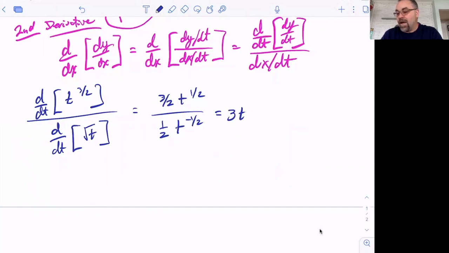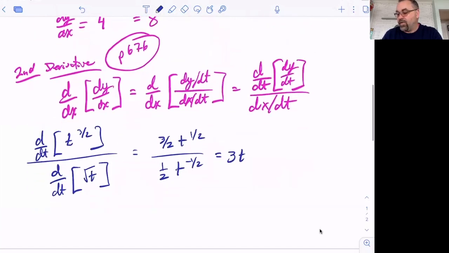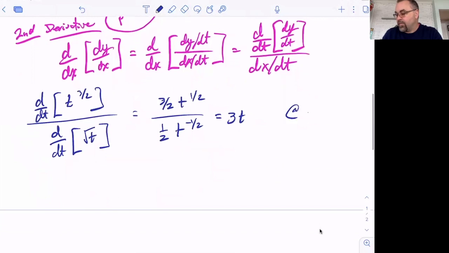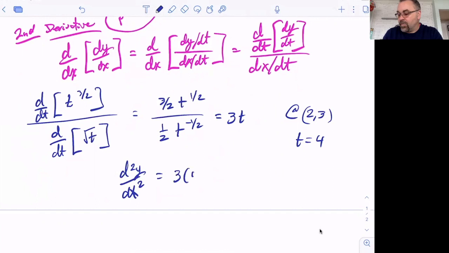So what's our concavity at the point 2, 3? Remember that implies t is 4. Then the concavity, the second derivative, is 3 times 4, or 12.